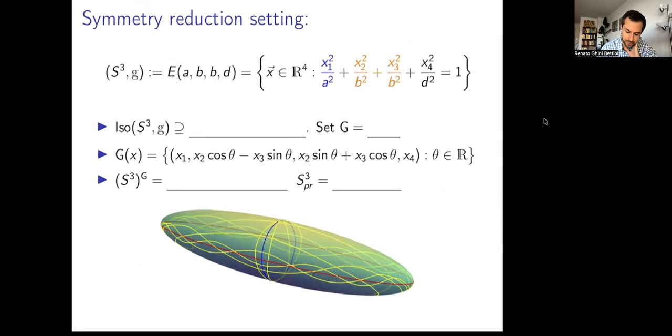Let's recall the symmetry reduction setting that we'll use, which is based on the Hsiang-Lawson reduction that I discussed in the first part of the talk. So let's color code a few things here. Let's use Z2 in blue to denote reflection about the x1 equal to 0 hyperplane. Then I want to have an O2 component here of the isometry group, which is the O2 acting by isometries on the x2, x3 plane.